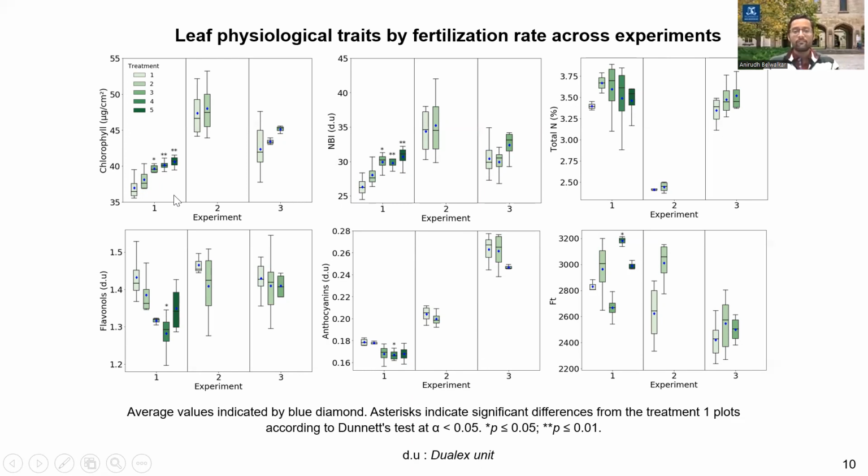Fertilization rate was positively associated with the chlorophyll and NBI, whereas a negative trend was observed with flavonols and anthocyanins. These leaf physiological trait results suggest that the nitrogen treatment applied was sufficient for providing variability across the experiments.